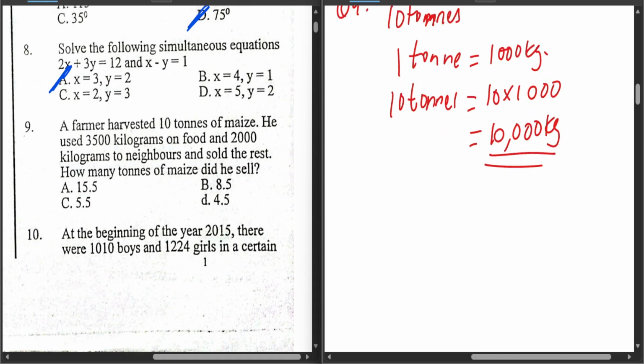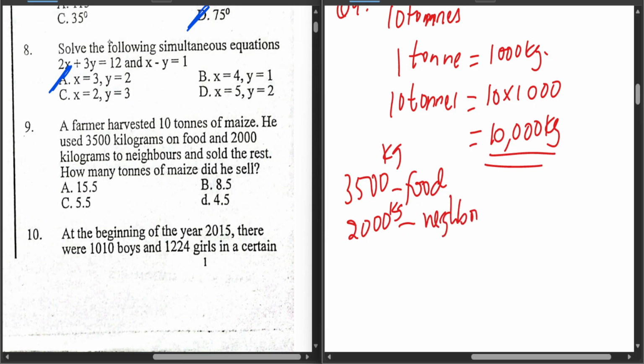Now he used 3,500 kg on food and 2,000 kg, both of them are kgs, to neighbors. He donated them to neighbors. So at the end of the day, if you add the two, he used 5,500 kg and sold the rest. Now you need to find out how much he sold.